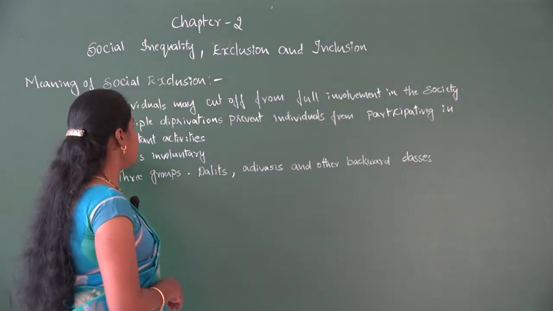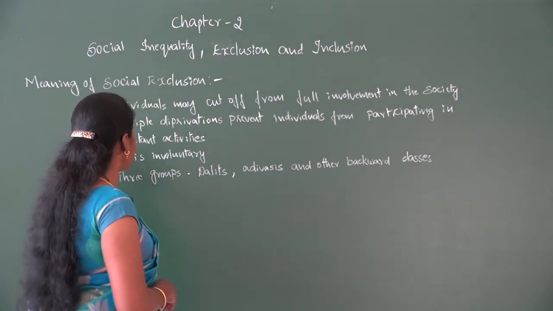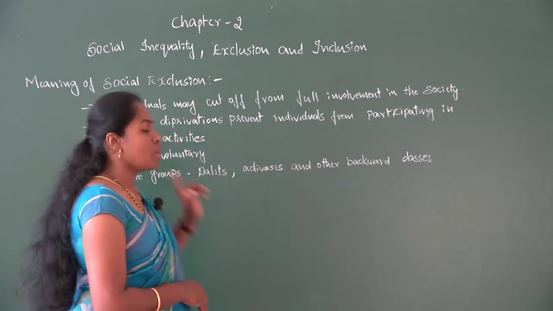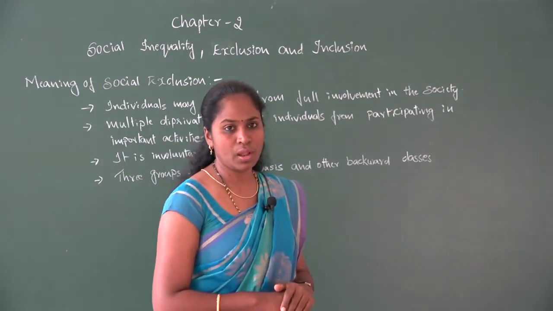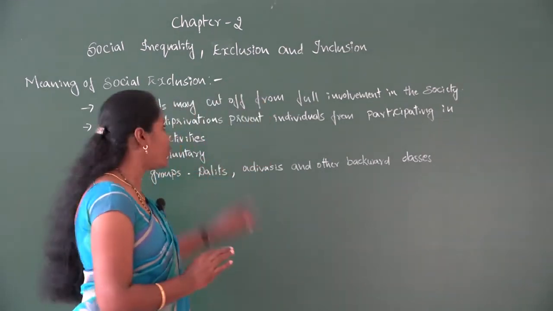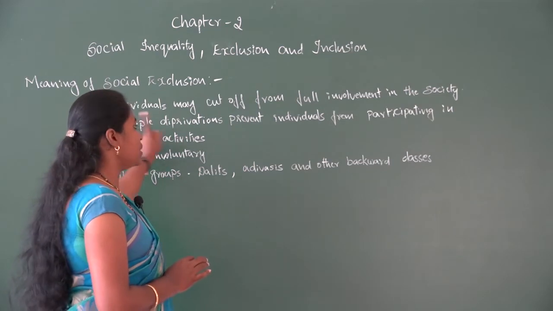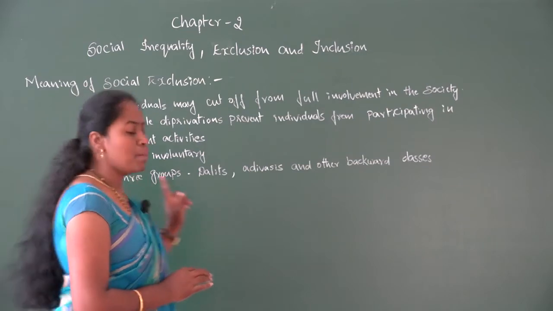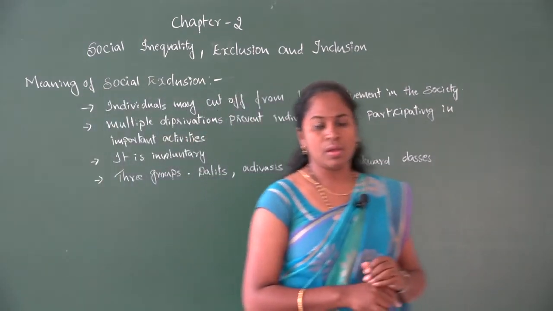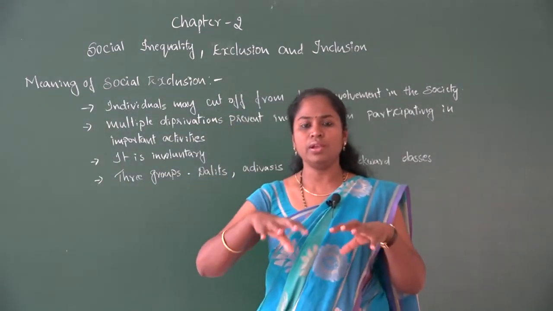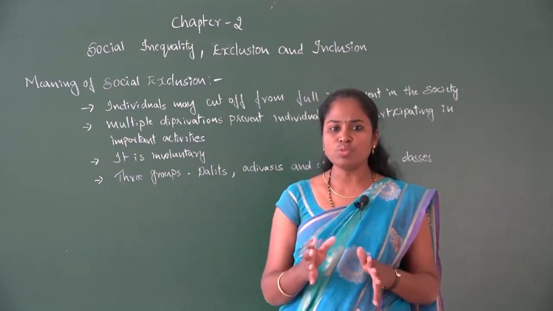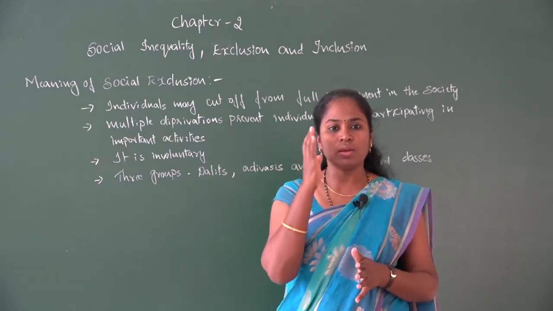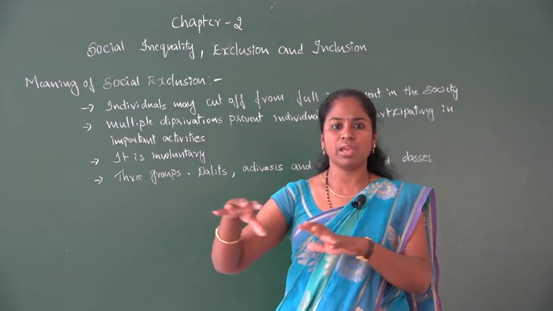And here they feel that multiple deprivations prevent individuals from participating in important activities. So simply, the meaning of exclusion is multiple deprivations preventing individuals from participating in important activities. Some of the norms we have in the society make people stay away from the mainstream of the society.